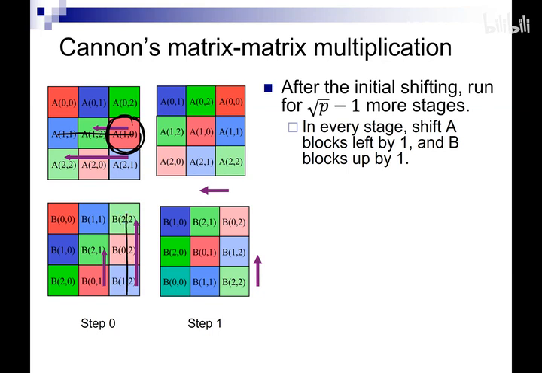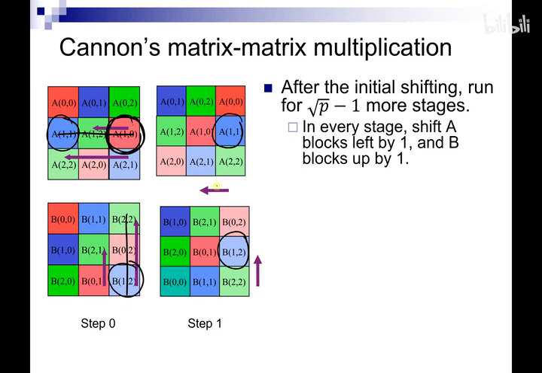In the first step, it multiplied the red blocks. Then it also needs to multiply the blue blocks, so it needs to multiply this A11 by the B12. After you shift things, this process is going to end up with the blue blocks for itself. So this is the second step of Cannon's.